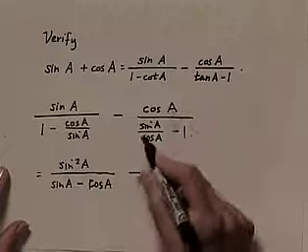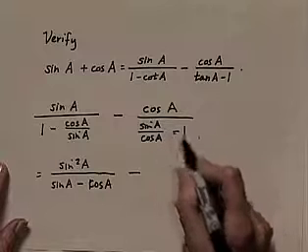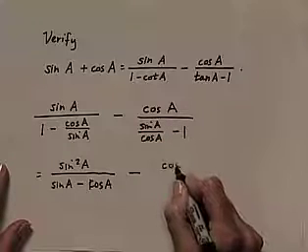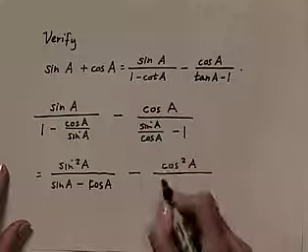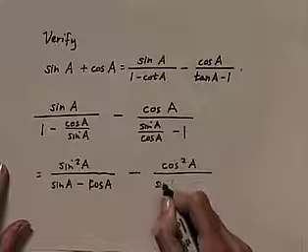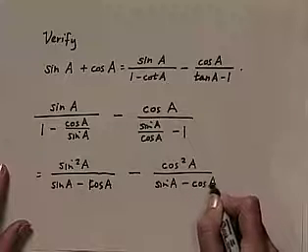This time we're going to try to get rid of this denominator, which is cosine of A. So we'll multiply every term here by cosine A. We'll end up with cosine squared A divided by, our first term, the cosine A will cancel out, leaving us with sine of A. And we'll multiply a 1 times cosine A.